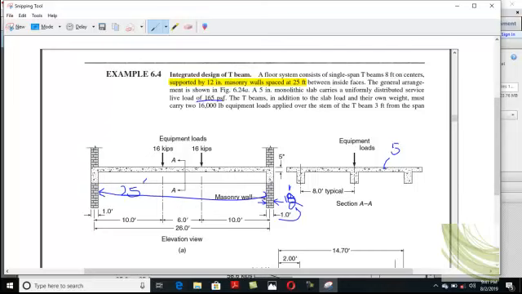The T-beam, in addition to the slab load and its own weight, must carry 16,000 pounds of equipment applied over the stem of the T-beam 3 feet from the span center. There are 2 concentrated equipment loads of 16 kips, right on the center T-beam, 6 feet away from each other and 3 feet from the span center line.